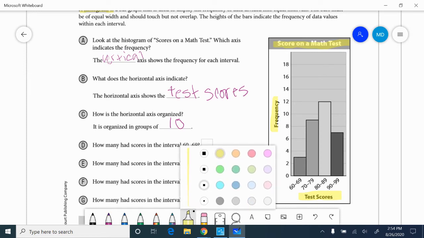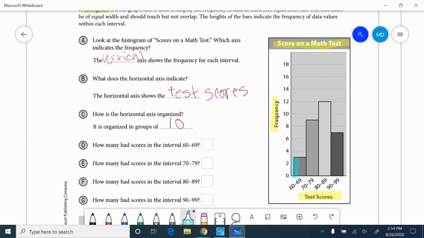So we're going to look at this first right here, and you can see that it lines up. The top of the bar lines up right here, which would be at 3. So we're going to put a 3 right here.